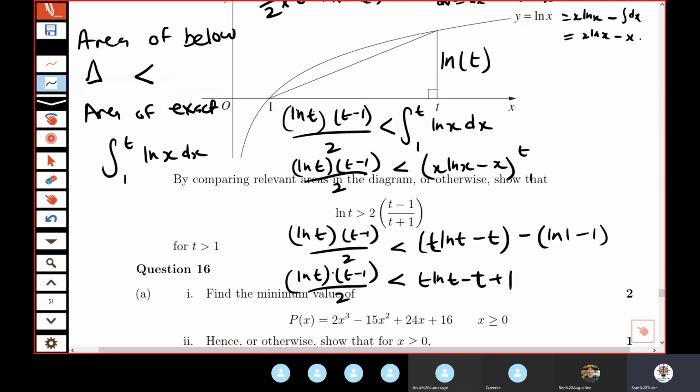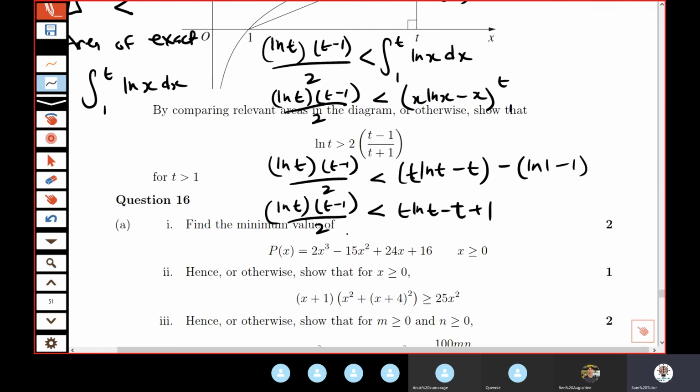You can see you've got log t on 2 different sides. I think you guys know what I'm going to do now. Pretty much going to expand, bring everything to the one side, and then we should have our final answer out. So times it by 2.